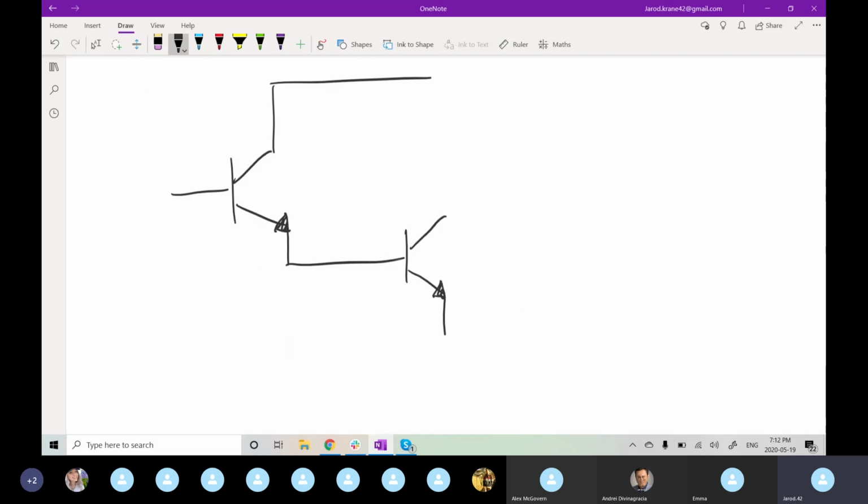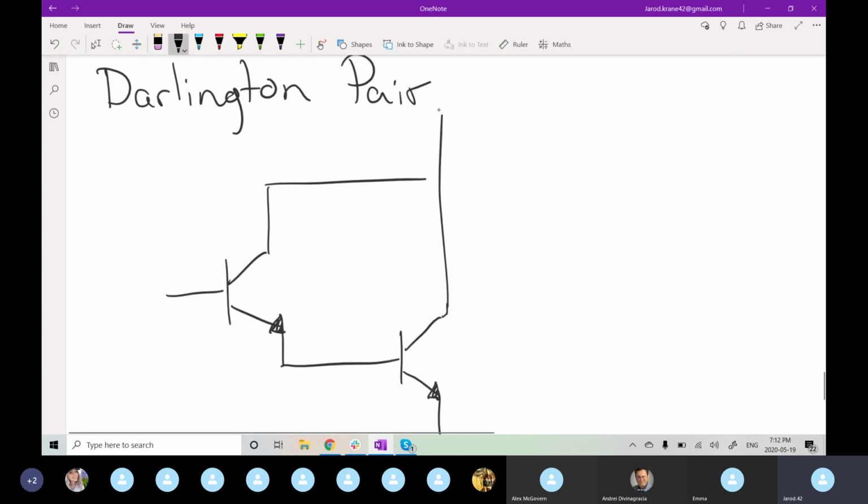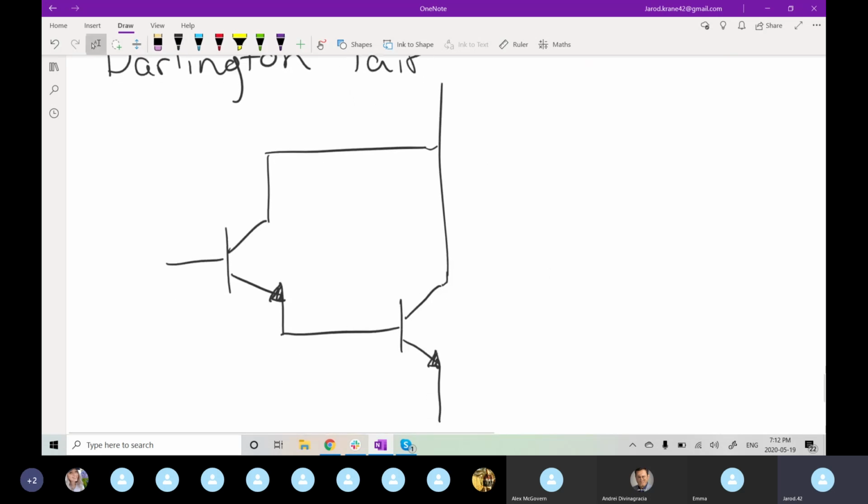And I'm sure it can be made with 2 PNPs as well. But basically tying your transistors to each other, so they share a collector, but then you control one, and then the emitter feeds into the base, and then you have your final output on the secondary.